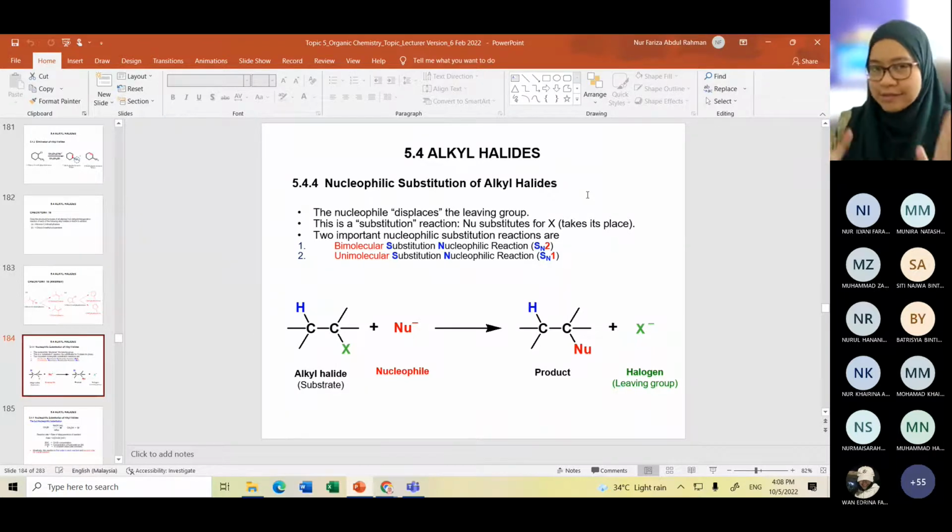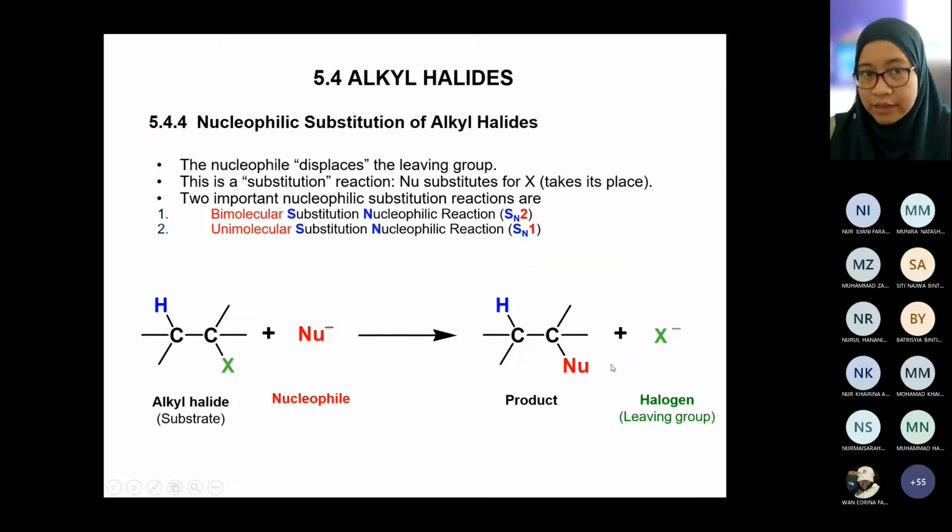Next, let's move on to the next type of reaction for alkyl halide, known as nucleophilic substitution. Basically, in nucleophilic substitution of alkyl halide, we want to displace, or substitute, or replace the halogen with something else.